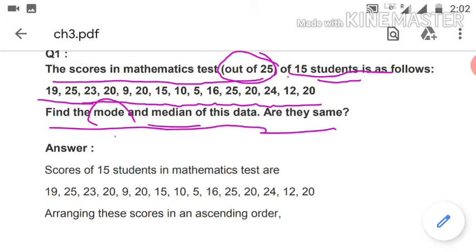For mode, you have to arrange all the given observations in ascending order and see which value occurs many times. That number will be the mode, and the exactly middle number will be the median. I will show you with the solution.